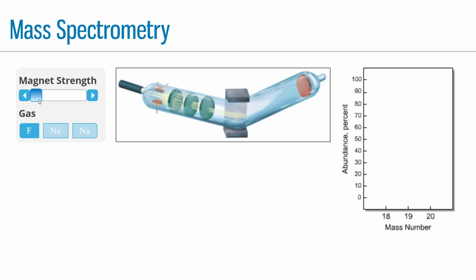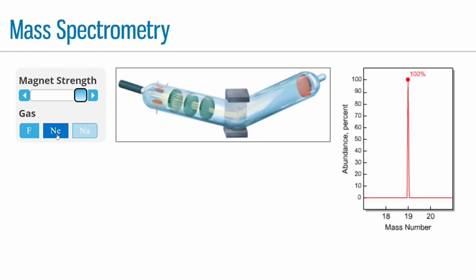If I increase the magnet strength, you can see the yellow beams start bending more and more until they get hit by the detector and registered as a peak on our mass spectrum. There's only one peak here because fluorine only has one stable isotope. So with only one isotope, its abundance will be 100%.